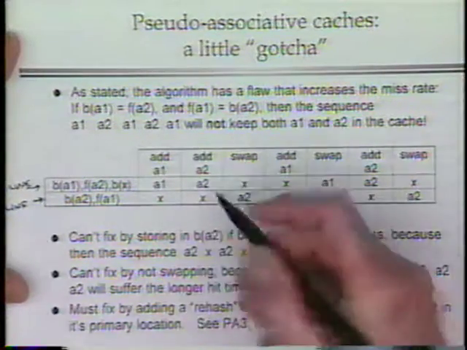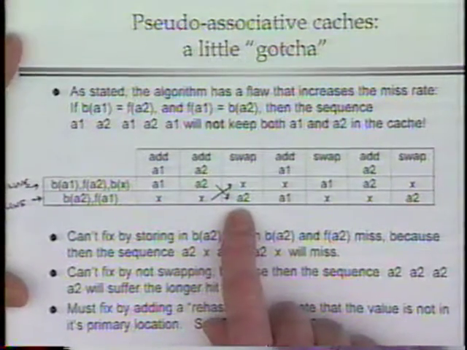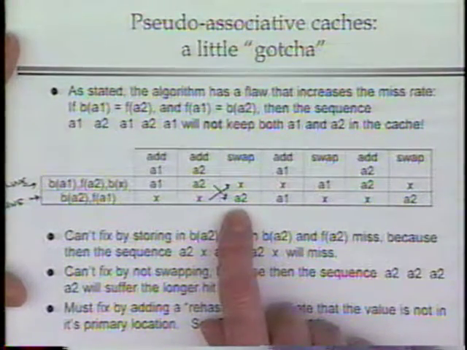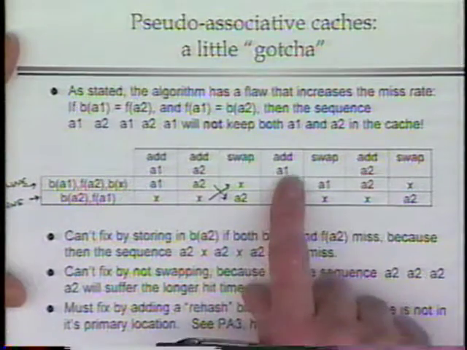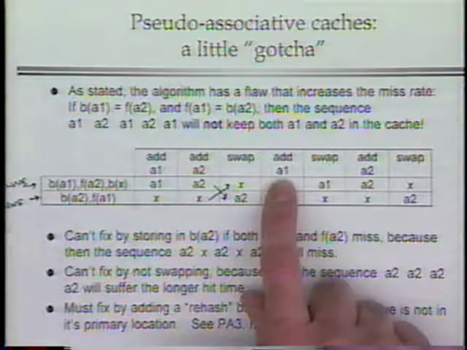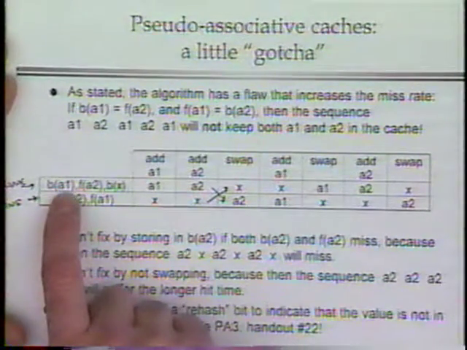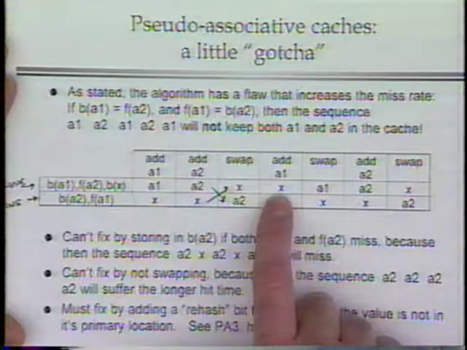And then we're going to do this swap, because we want A2 to be referenced in a hurry the next time. So what do we do next time? Let's say that it's not A2 to be referenced, it's A1. So we want to add A1. Well, we look for B of A1. Its first location is the first line. It's not there. X is there.